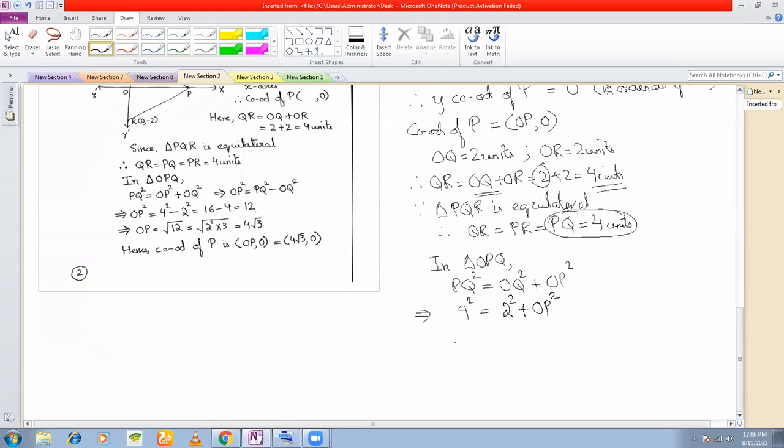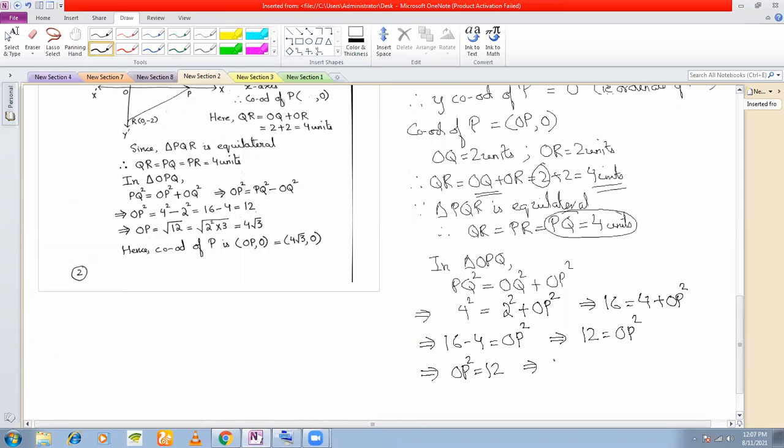Now you can find out the length of OP from here. 16 is equal to 4 plus OP square. And 16 minus 4 is equal to OP square. That means 16 minus 4 is 12 is equal to OP square. Means OP square is 12.